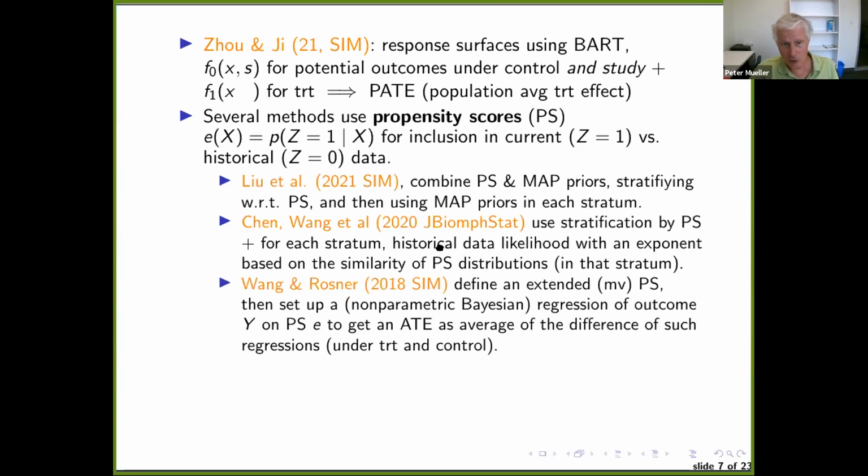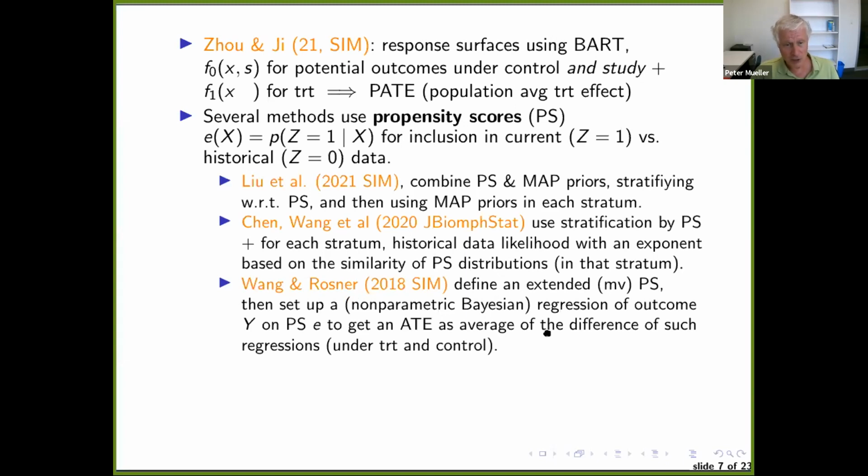Wang and Rosner use the propensity score a little differently. Like there's different ways of using propensity scores. You can use them for weighting, you can use them for stratification, which we saw here, or you can use them by setting up a regression. You can argue if you set up a regression of the outcome on propensity score, then conditional on the propensity score, you can actually make inference on the treatment effect, and that's exactly what Wang and Rosner do.